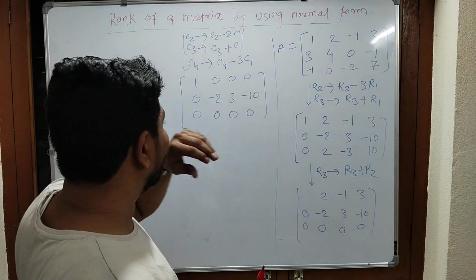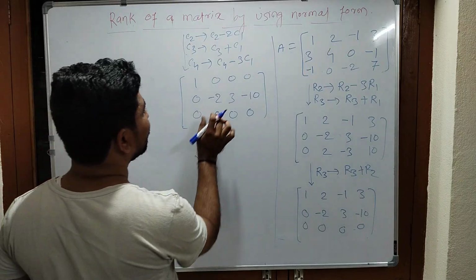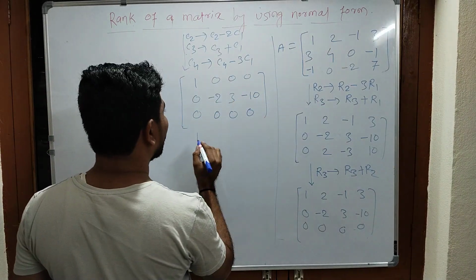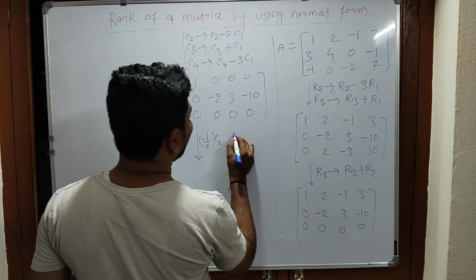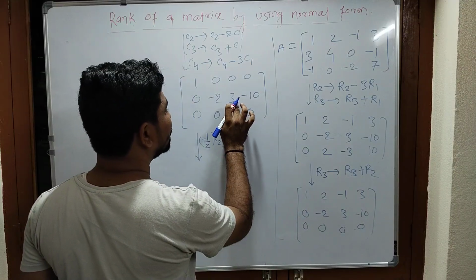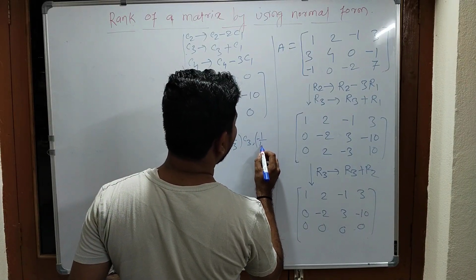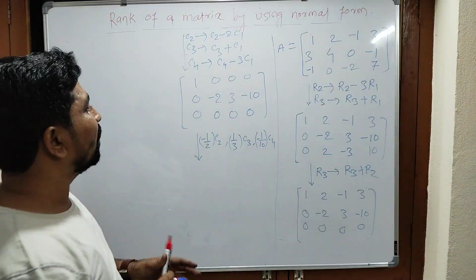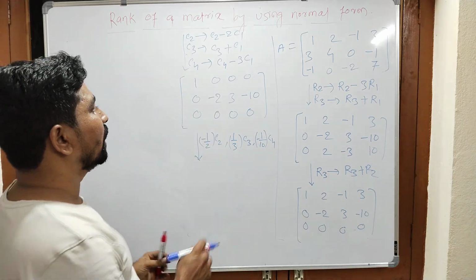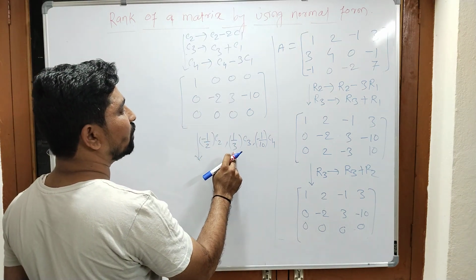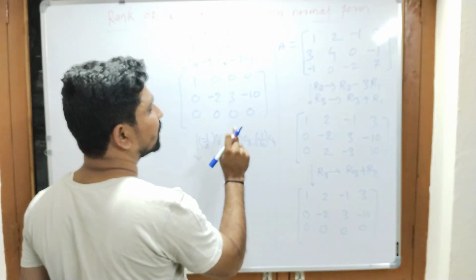Now I want to convert this minus 2, 3 and minus 10 into 1, for ease of understanding. So I multiply column C2 by minus 1 by 2, column C3 by 1 by 3, and column C4 by minus 1 by 10, so that this minus 10 becomes 1.